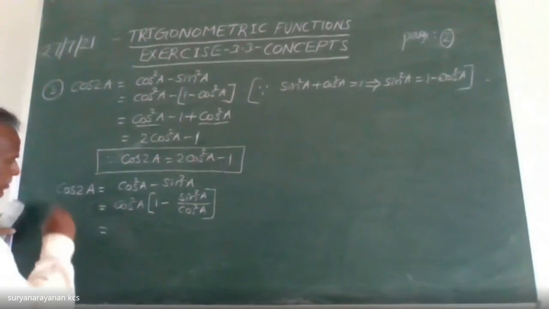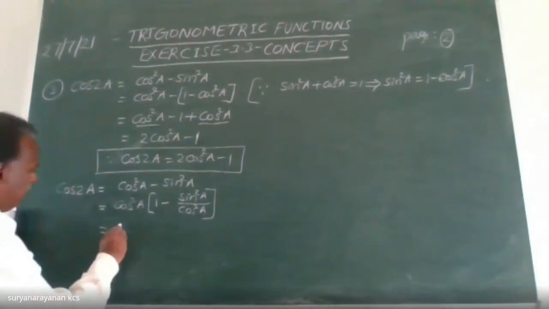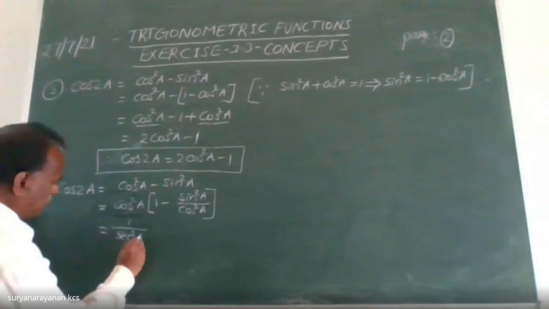Okay. Cos square A can be written as 1 by secant square A, yes or no?